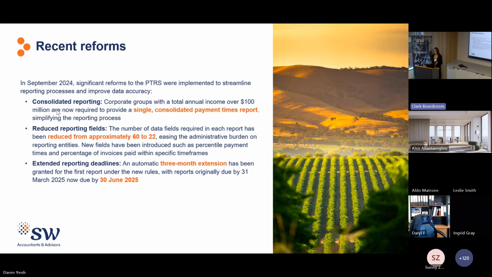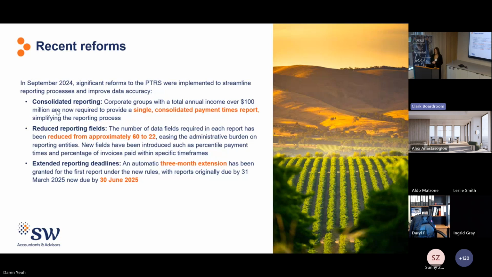Prior to these coming into effect, if you had corporate groups with lots of entities, each entity had to report their own payment times report. They've consolidated that, so only the one organisation at the parent level, the global level, needs to submit the report.